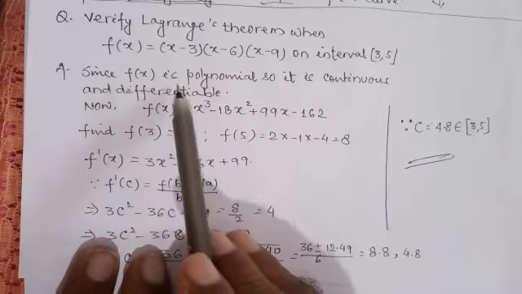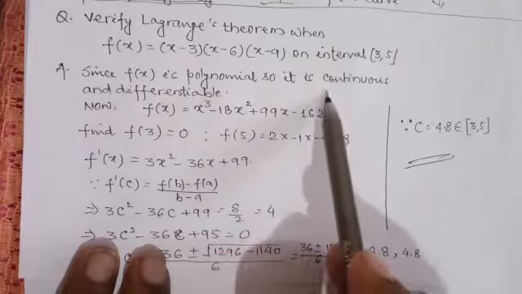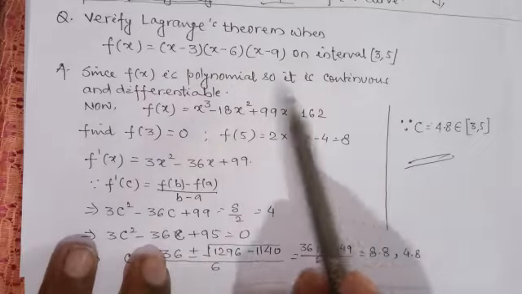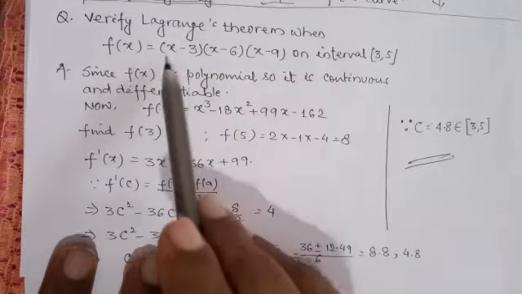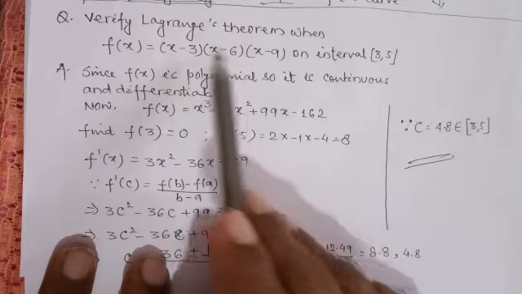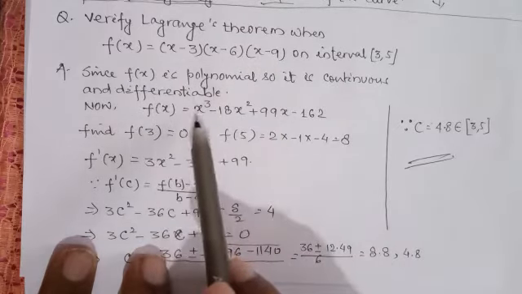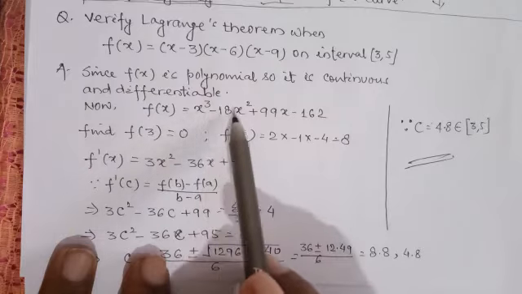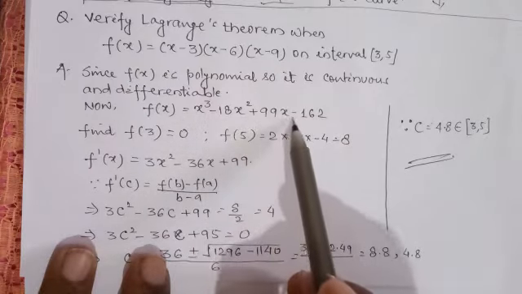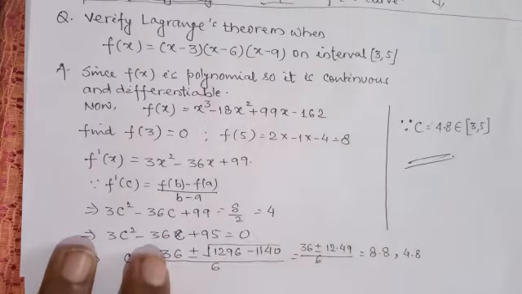So f(x) is continuous and differentiable. Now open f(x), meaning multiply all three terms. We will get f(x) equal to x cube minus 18x square plus 99x minus 162.